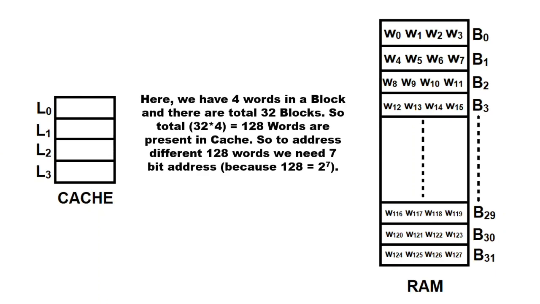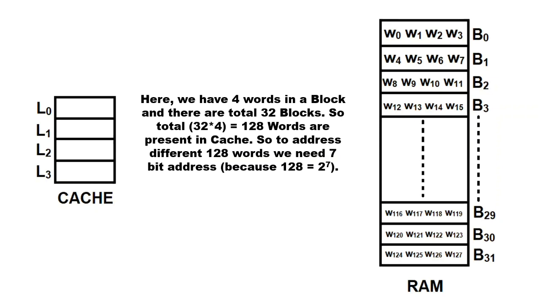Now see carefully. Here we have 4 words in a block and there are a total of 32 blocks. So 32 into 4, that is 128 words are present. To address 128 different words, we need a 7-bit address because 128 equals 2 to the power 7.